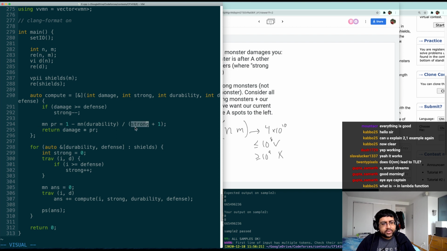Just this count of strong would change. Yeah, I think that's really the only thing that would change between different shields. But I guess you can't exactly factor this out that easily.